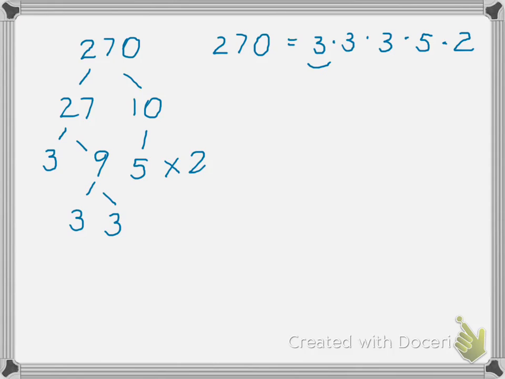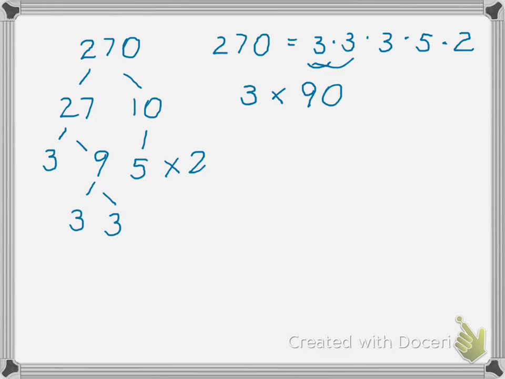You could start with the first factor, 3 times the product of all the rest of them, which is 3 times 3 is 9 times 10, right? So that's 90, and 3 times 90 is 270.